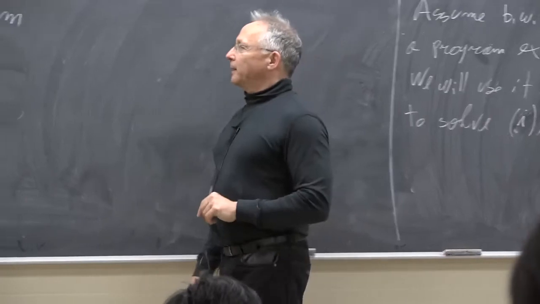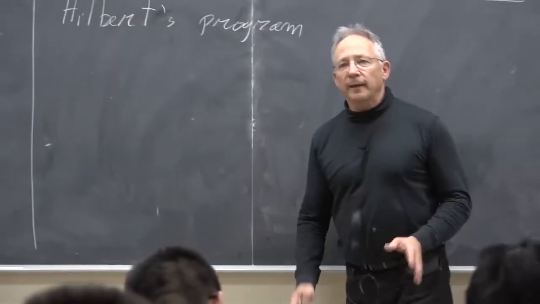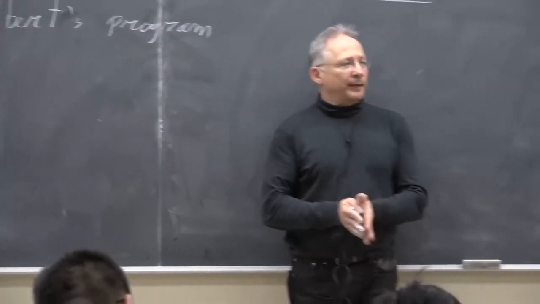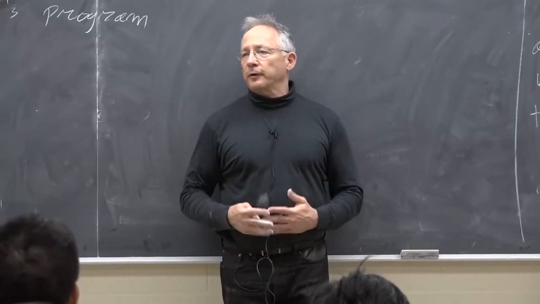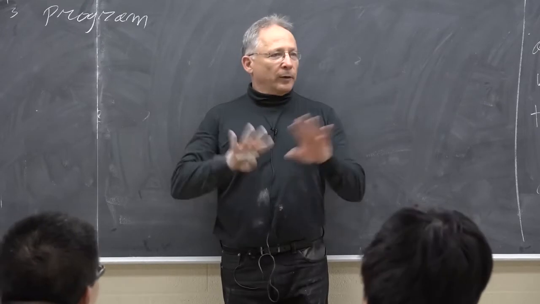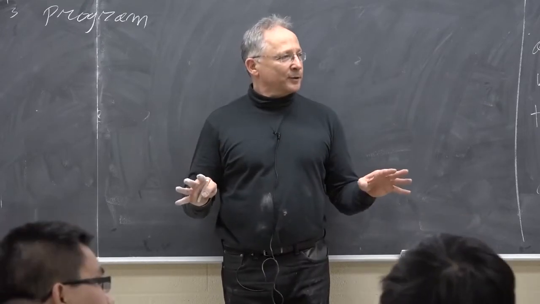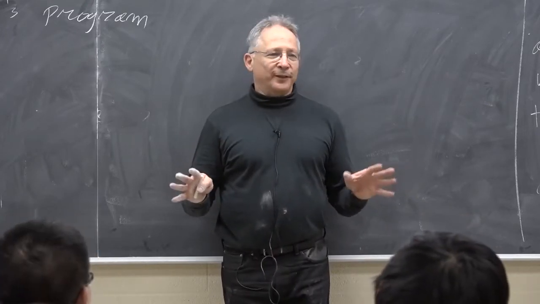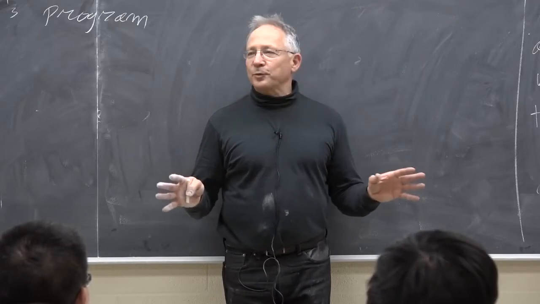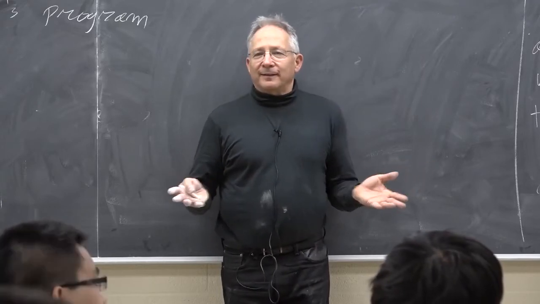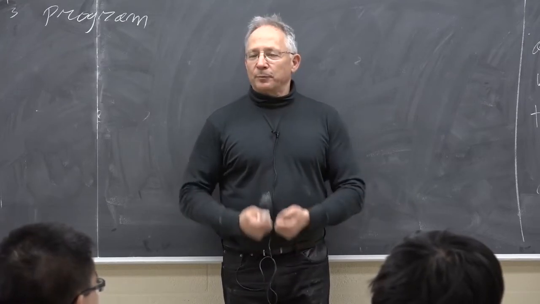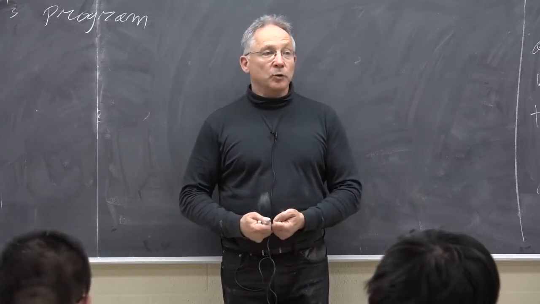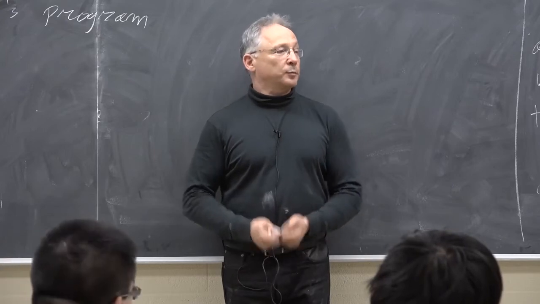Most of them are solved by now. But the Hilbert program will say, we're doing mathematics all the time, but we have an intuitive notion of what is a proof and what is not a proof. I mean, it's lucky that no mathematicians disagree on what is a proof and what is not a proof, but it seems like just a matter of luck. We really need a precise notion of what is a mathematical proof.